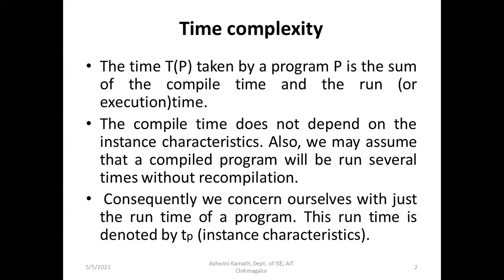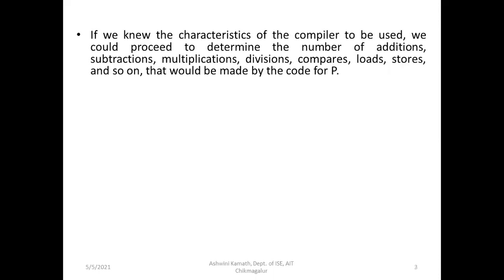Consequently, we concern ourselves with just the runtime of the program. This runtime is denoted by TP of instance characteristic. Space complexity we specified using SP of instance characteristic. So here the runtime, the time taken by a program, is denoted by TP of instance characteristics.